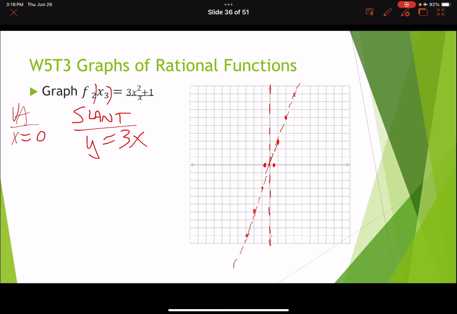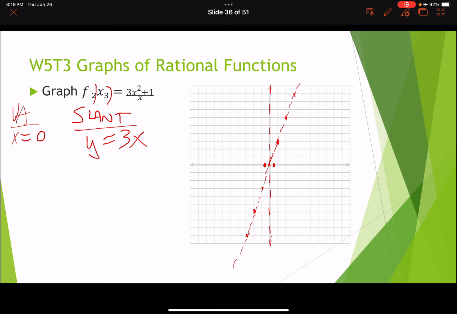So this, our problem was, we said we found x-intercepts, but the restrictions that are happening on this are not very conducive to our space, right?